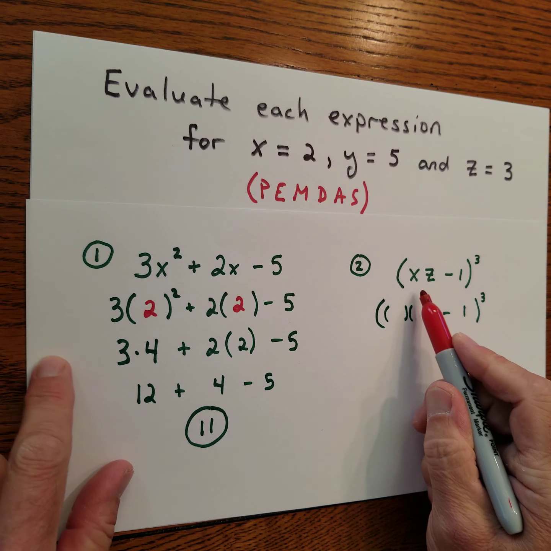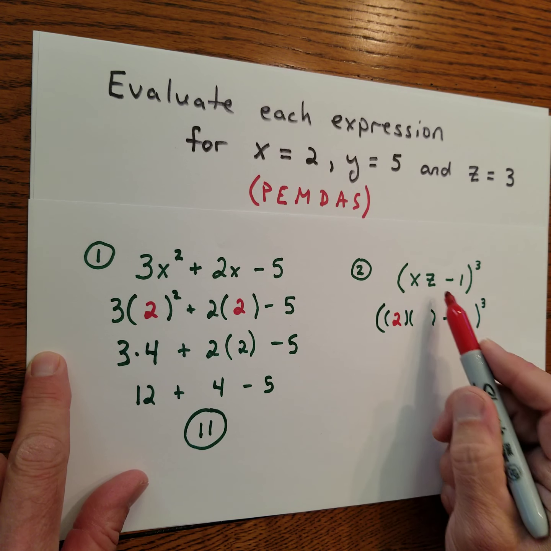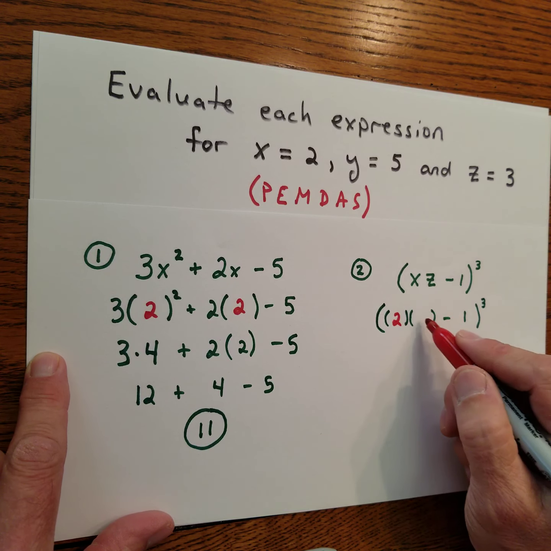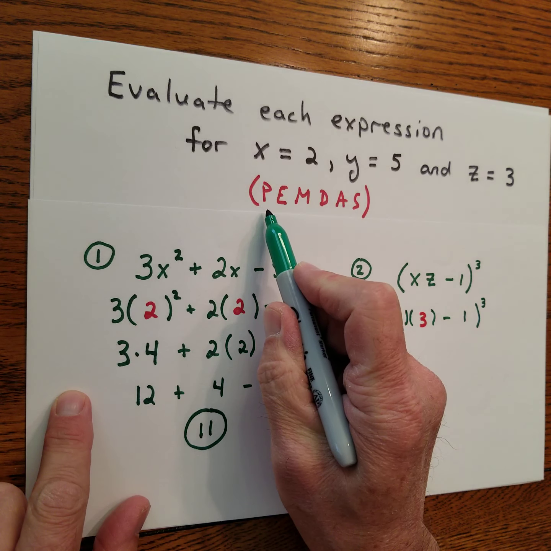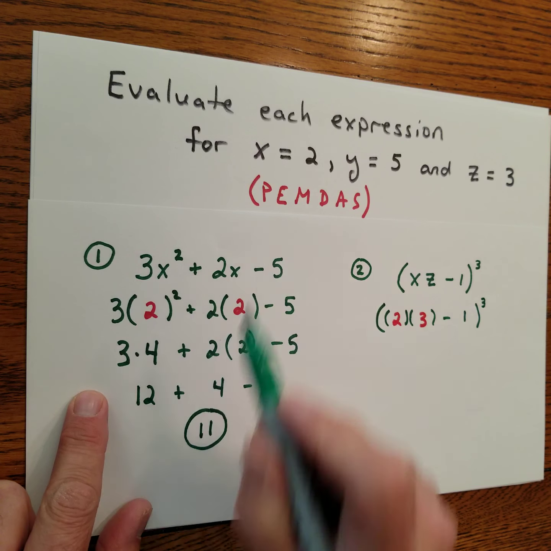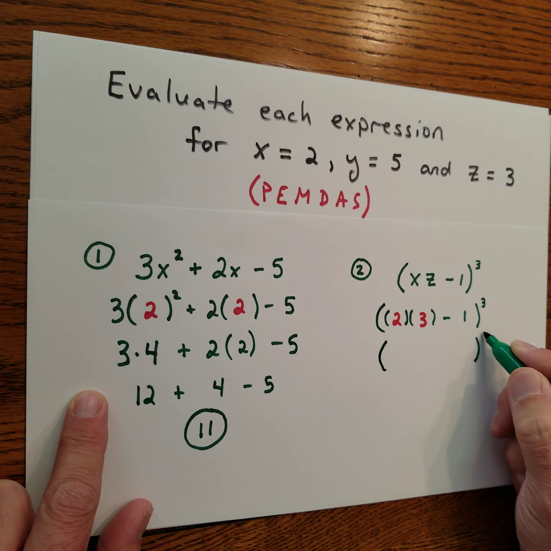Now in these problems, x is 2, z is 3, and now we're ready to evaluate. Think PEMDAS. Are there grouping symbols? Parentheses? There are. Let's work inside that set of parentheses first.